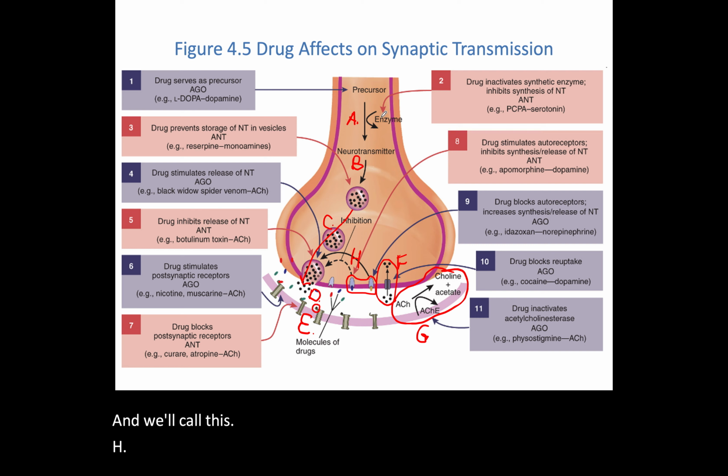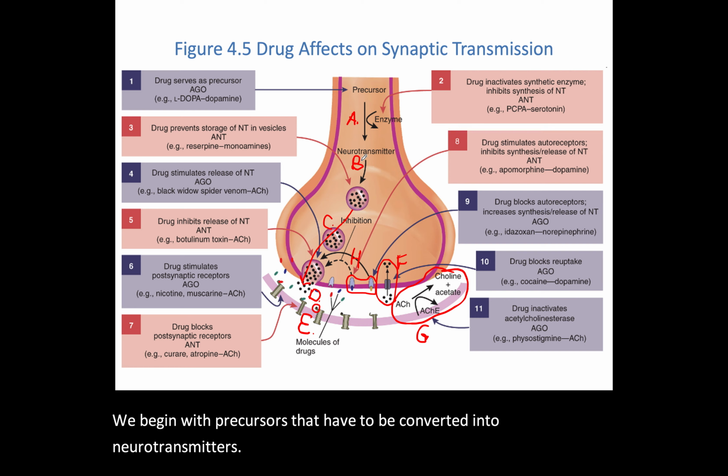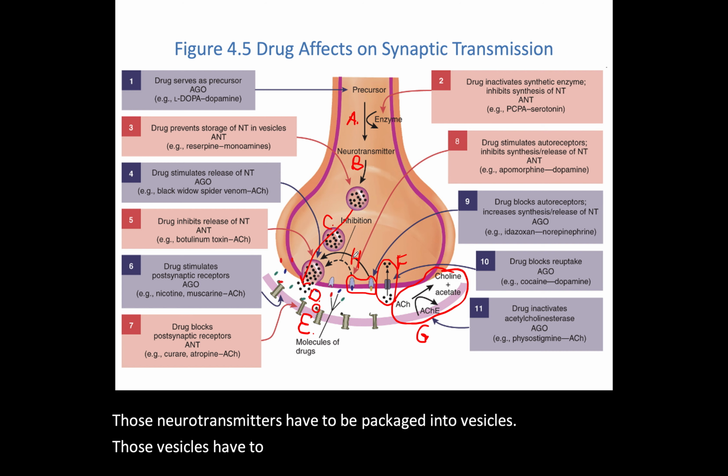So again, let's go over it quickly. We begin with precursors that have to be converted into neurotransmitters. Those neurotransmitters have to be packaged into vesicles. Those vesicles have to move to the membrane. They have to release neurotransmitter. Neurotransmitters have to bind with receptors.